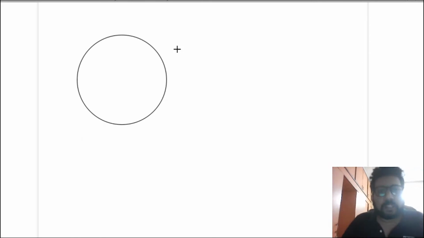So suppose this particle is moving in a circle. So the particle moves from this point to this point, covering an angle theta.